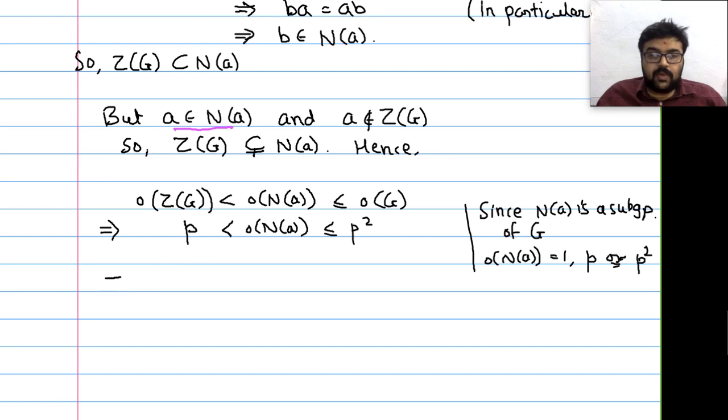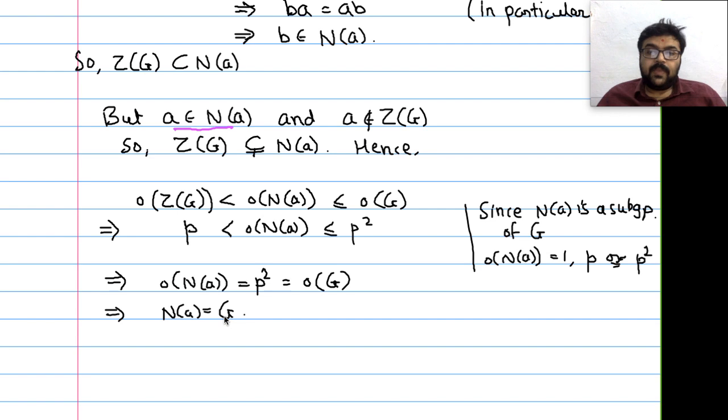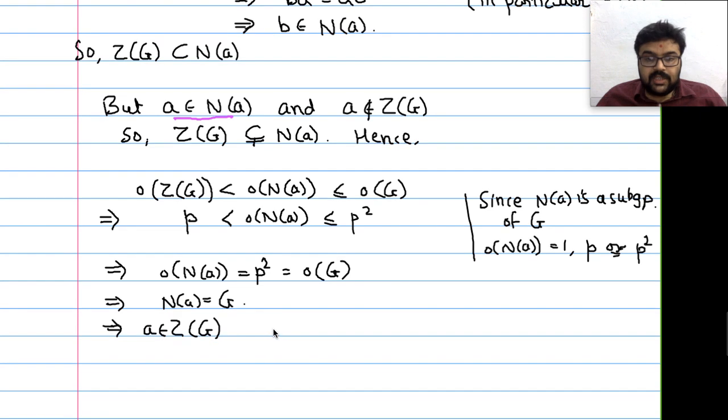So from this, the order of N(a) equals p squared, which equals the order of G. But then this implies N(a) equals G, and look where we started that lemma: N(a) equals G if and only if a belongs to Z(G). So we get a belongs to Z(G), which is a contradiction.